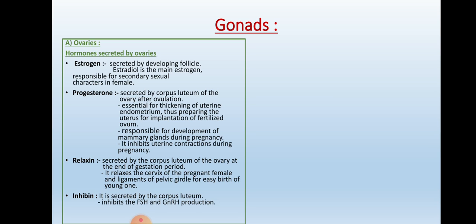It relaxes the cervix of the pregnant female and the ligaments of the pelvic girdle for easy birth of the young one. So when the development of the fetus is completed at the end of pregnancy, relaxin is secreted. Inhibin is secreted again by the corpus luteum and inhibits follicle stimulating hormone and gonadotropin releasing hormone production.